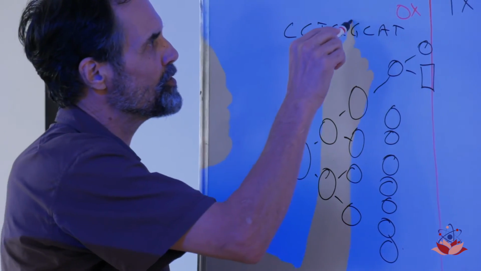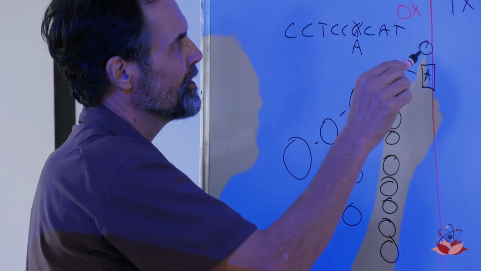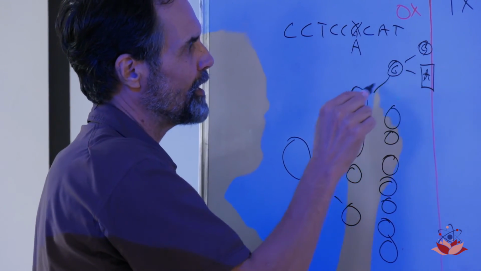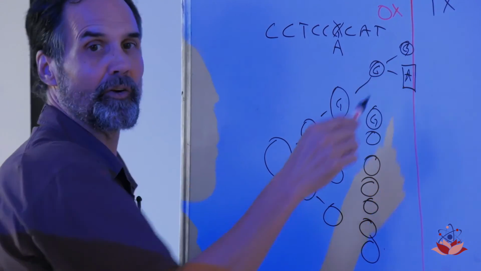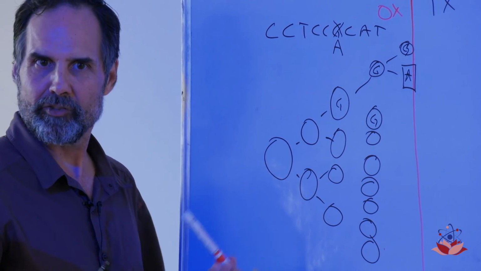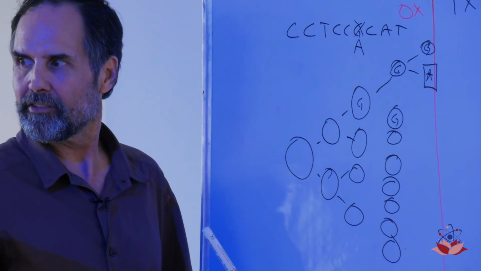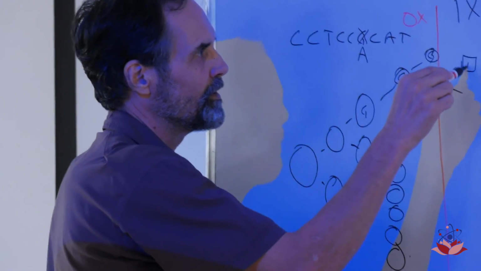And when this mutates to A, so this is the A mutant, this is the wild type G, everybody's G, right? When A happens, now it doesn't bring the antibiotic in, so now there's no antibiotic inside the cell. And so this one can grow.